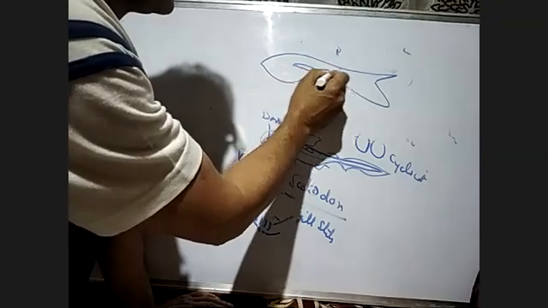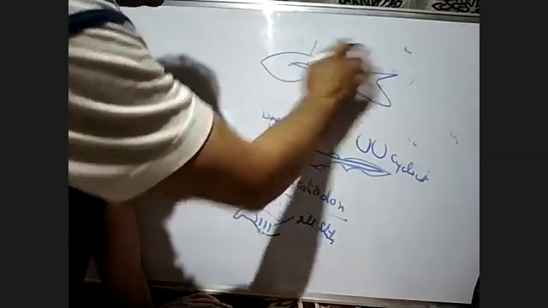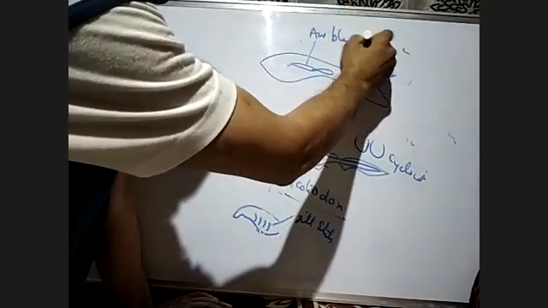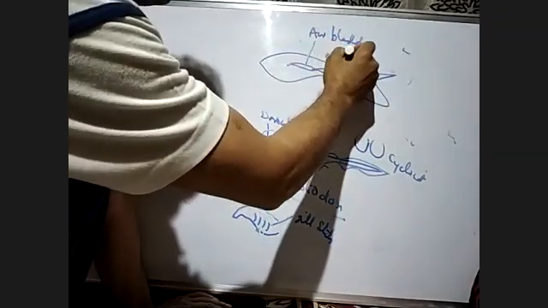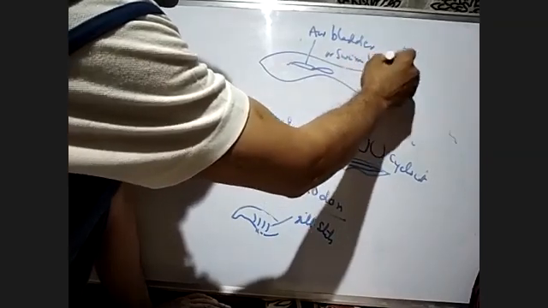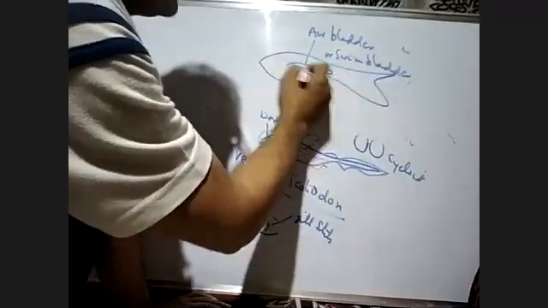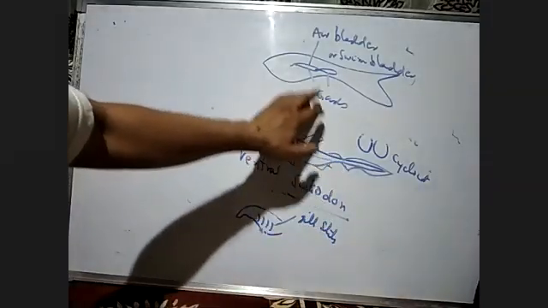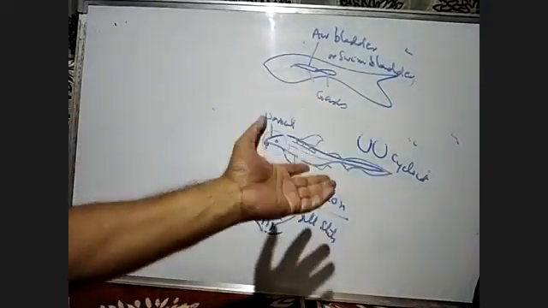This is called the air bladder, or swim bladder. It is filled with gases, and this provides buoyancy to the fish, and it can swim in water.